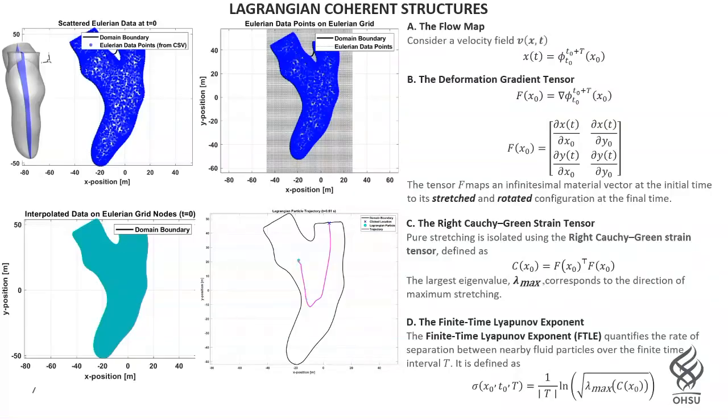So I calculate the right Cauchy-Green strain tensor, and then get the maximum eigenvalue to get the maximum stretching. This is the formula: 1 over absolute value of T, ln square root of lambda max. T is the integration time step, it's not our analysis time step. We can choose the integration time step, how far we want to track the particle for analysis.